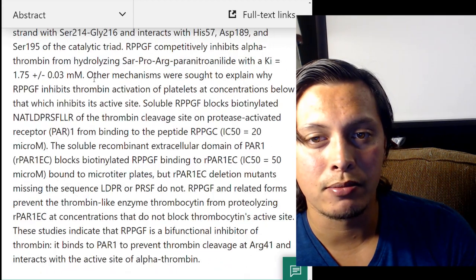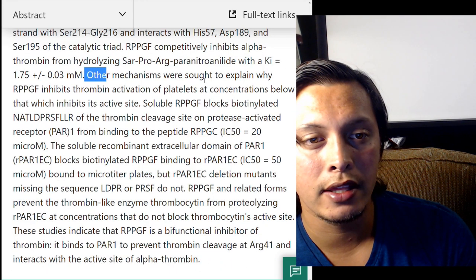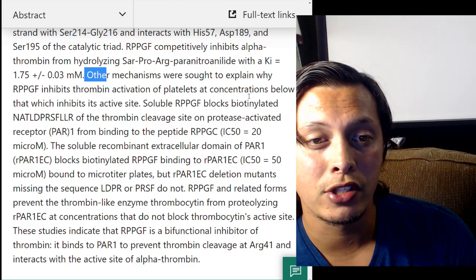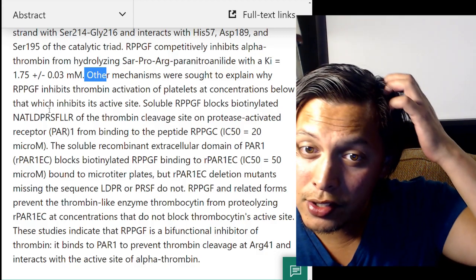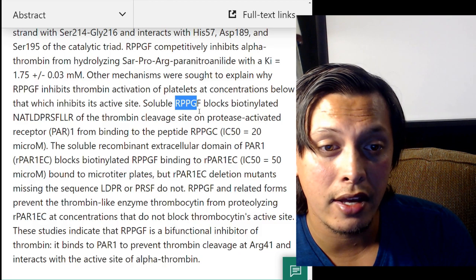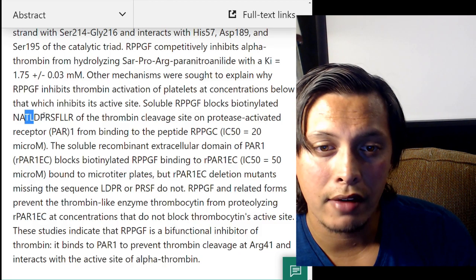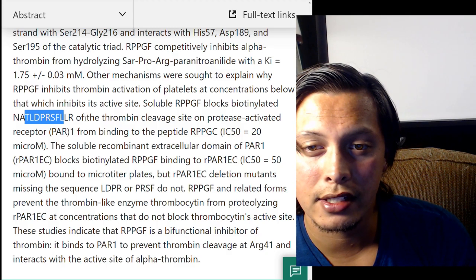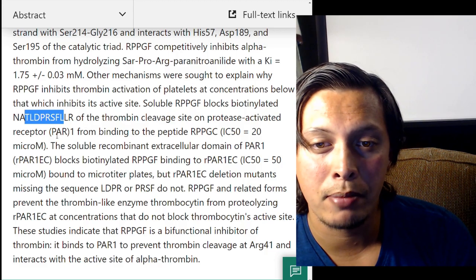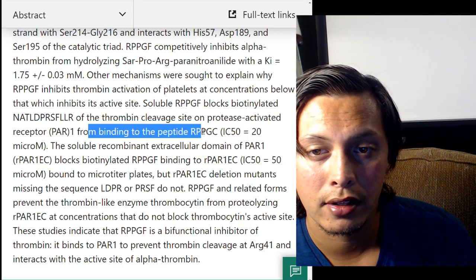Continuing, other mechanisms were sought to explain why this inhibits the thrombin activation of platelets at concentrations below that which inhibits its active site. So soluble, this blocks biotinylated this of the thrombin cleavage site on protease activated receptor, or PAR1, from binding to the peptide this.